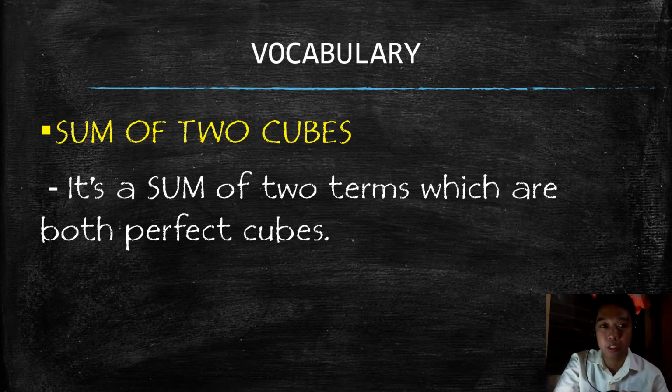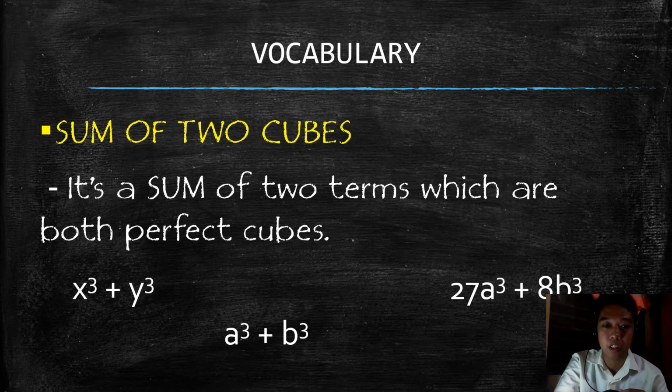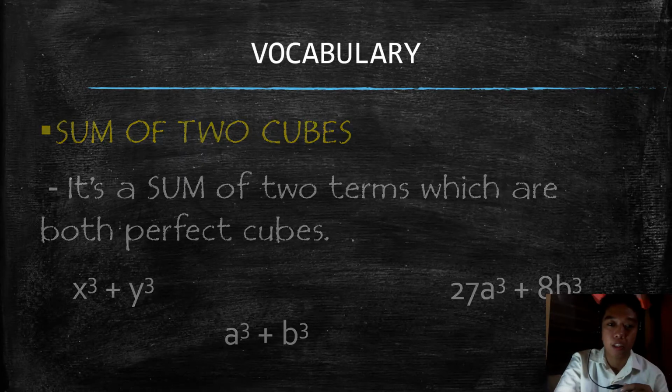Yung dalawang terms ay perfect cubes separated by addition. So I have here example, same terms na ginamit ko sa difference of 2 cubes. So x cubed plus y cubed. We also have a cubed plus b cubed, and then combination of numbers and variables, 27a cubed plus 8b cubed.